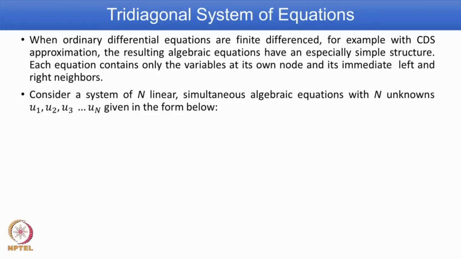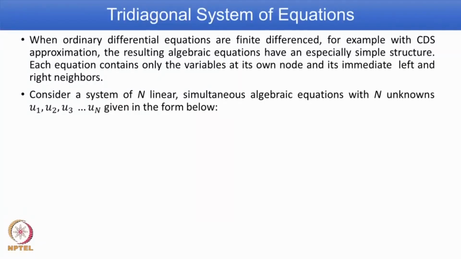When we apply finite difference to ordinary or partial differential equations, say in this case the central differencing scheme, we know we have the node of interest and one node on either side, left as well as right. If you apply CDS for the full domain, the resulting algebraic equations will have a simple structure, and each equation will have variables at its own node and the immediate left and right.